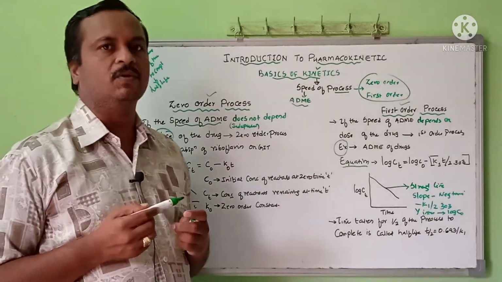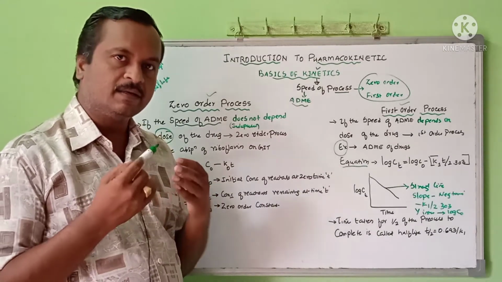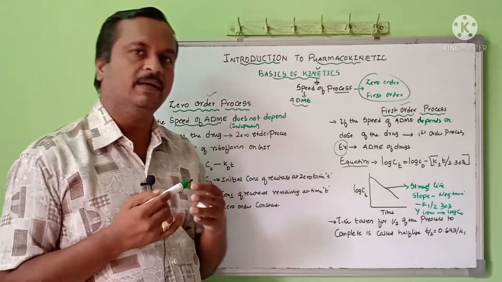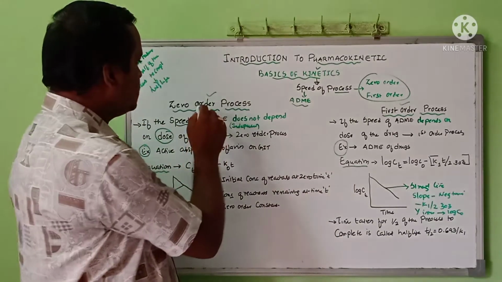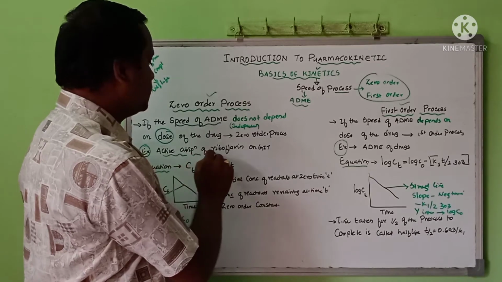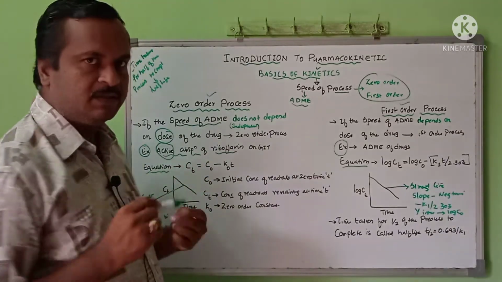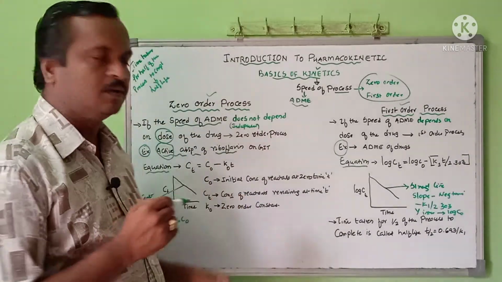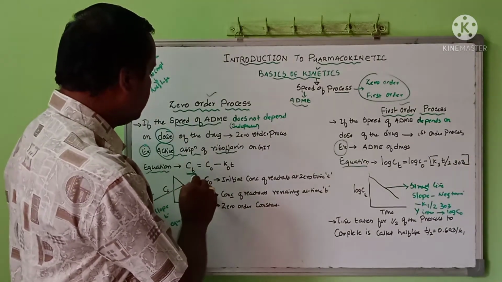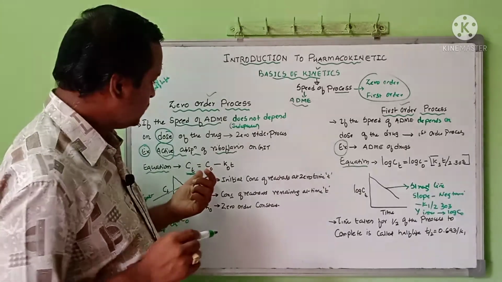जो भी रिएक्शन प्रोसेस अगर कंसंट्रेशन इंडिपेंडेंट रहे तो और रिएक्टेंट का रिएक्शन इंडिपेंडेंट रहे तो उसको बोलते हैं जीरो ऑर्डर प्रोसेस. Example: active absorption of riboflavin in the GIT. The common equation used for calculation of zero order is C_t = C_0 - K_0 t, that is concentration with respect to time.